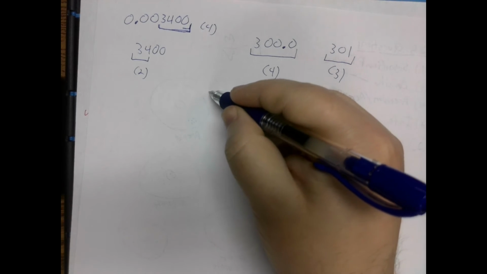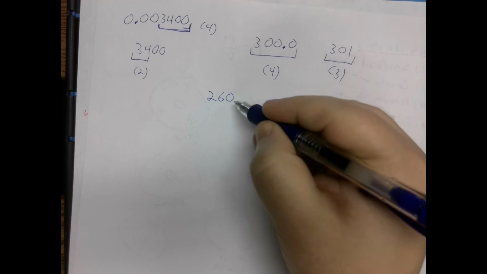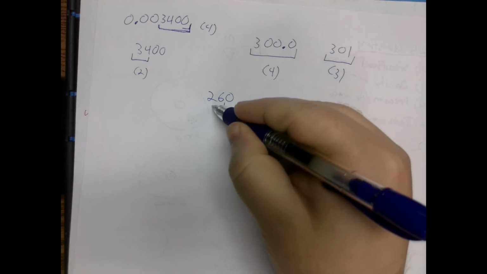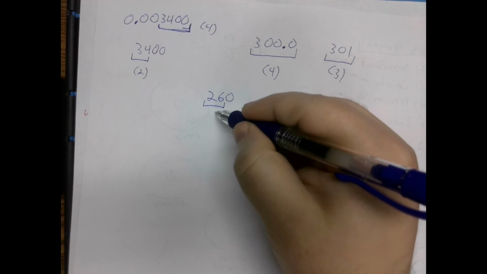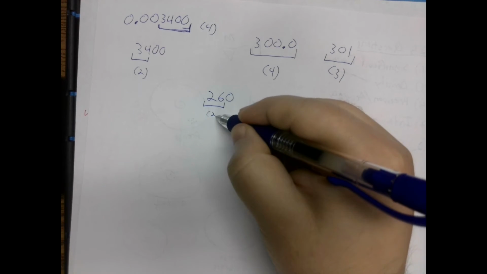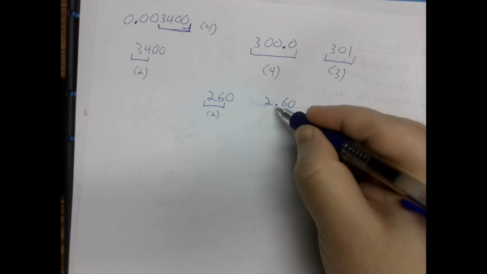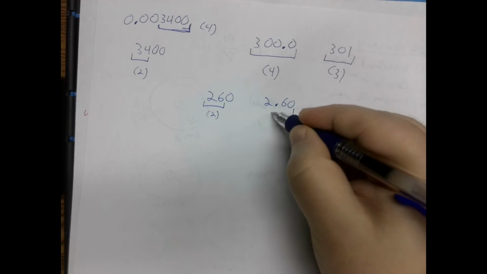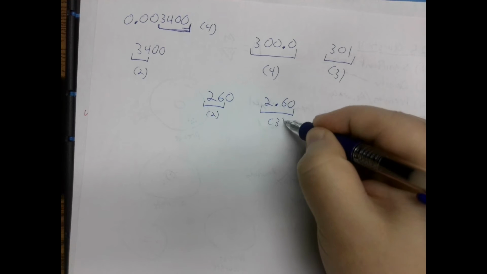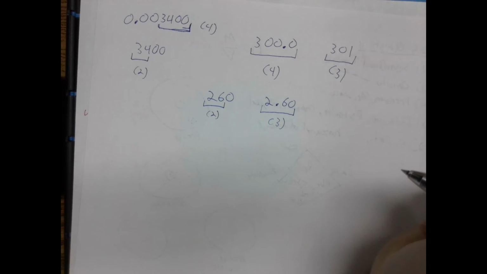If you had 260, there's no decimal, so we don't include the trailing zero. So this would have 2. However, if I had 2.60, because there's a decimal, we would include the trailing zero, so that's 3.